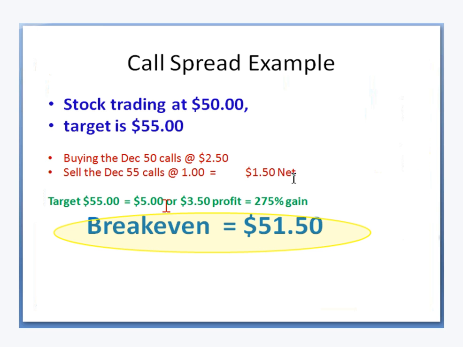But anyways, we're kind of fine tuning it. The whole point of a spread is you've got less money exposed, and if the price moves in the direction that you think it's going to move, the other way to look at it is if we think the stock is going to go to 55, and we bought the spread and made a 275% profit, to do the same thing by buying the calls outright, the stock might have to go to about $58 or $59 to make the same percentage return.